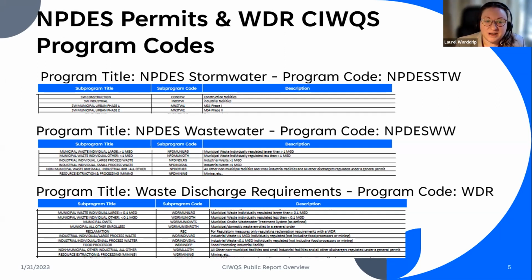So it can be an indicator when you're looking through a bunch of different records of is it close to the program you're looking for or not. So the ones we're going to focus on today are NPDES wastewater and waste discharge requirements that are under WDRs, and then I'll cover one for the sanitary sewer order as well.